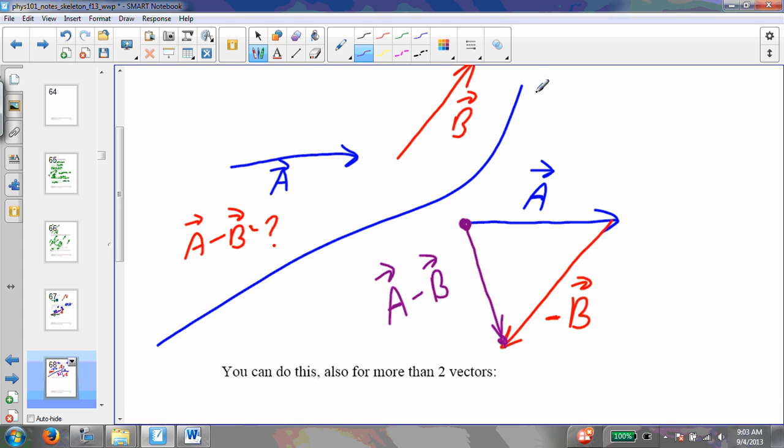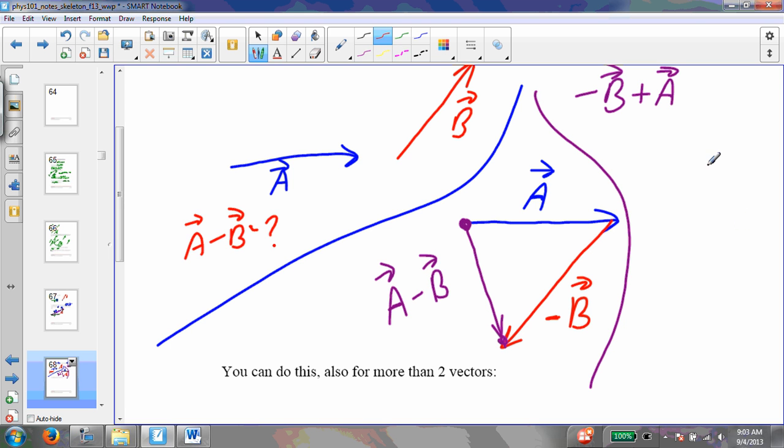Notice that the same is true for negative B plus A. Let me show you how this is the same. I have negative B first.